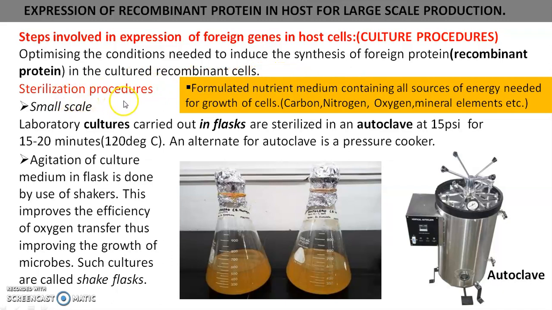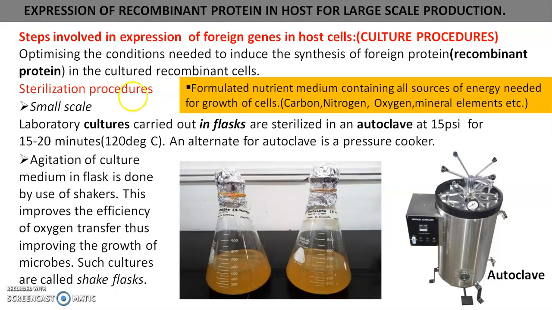So what are the sterilization procedures? The very first thing we have to take care of is to provide a germ-free environment for the cells to grow. Our recombinant cells need a very germ-free, clean environment that is called aseptic condition. So that sterile environment should be created. That means no other germ other than our recombinant cells should be there.